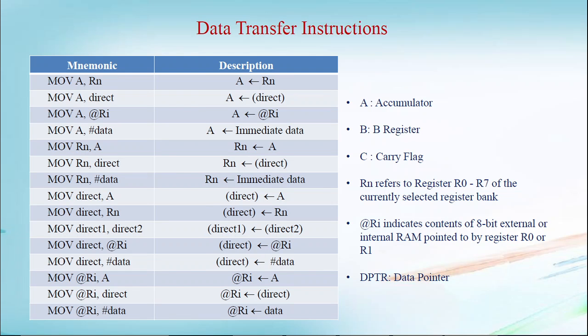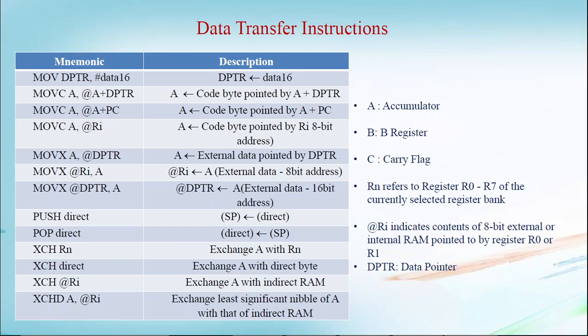Here is a summary of data transfer instructions depending on the addressing modes of the 8051 microcontroller. In the description, we can see A indicates the accumulator, B indicates the B register, C indicates the carry flag bit, Rn refers to the registers R0 to R7, @Ri indicates the contents of 8-bit internal or external RAM pointed to by the register R0 or R1, DPTR indicates the data pointer, direct indicates a direct address, and so on.